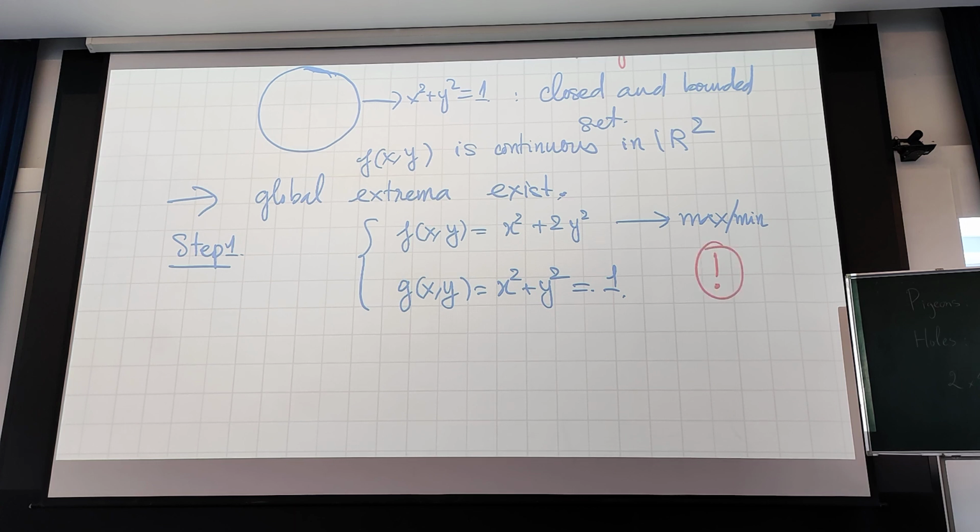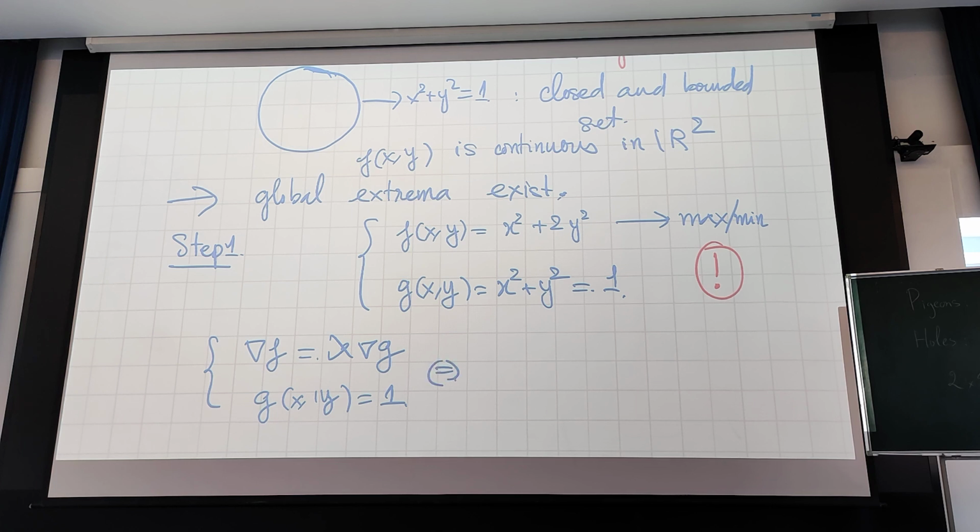Okay, so now let's consider a system of equations. The gradient vector of f is equal to lambda times the gradient vector of g. And the second equation is g(x, y) equal to 1.